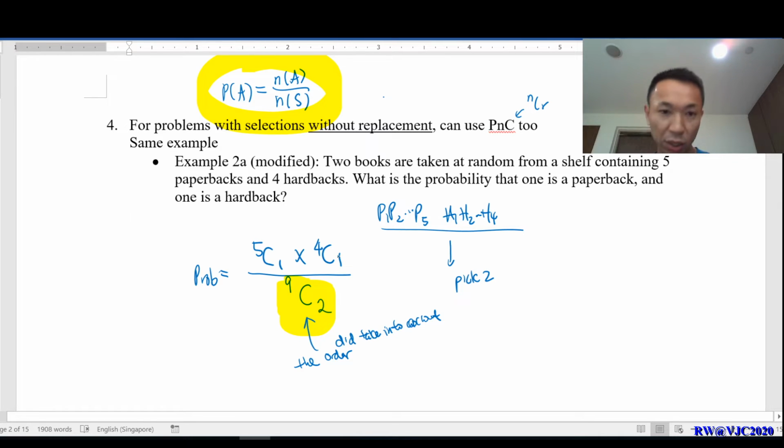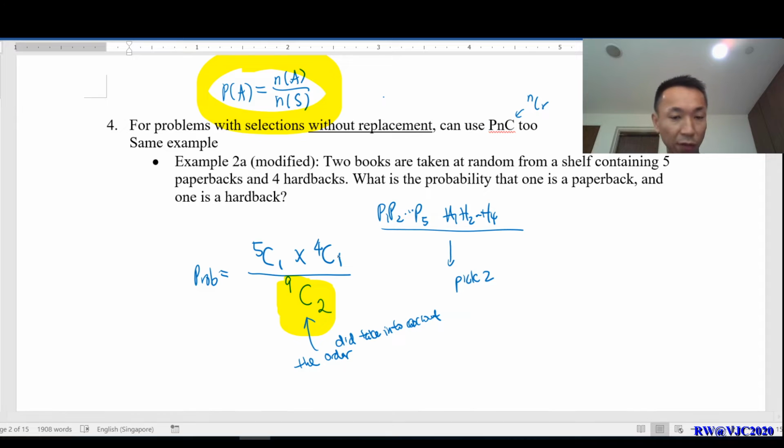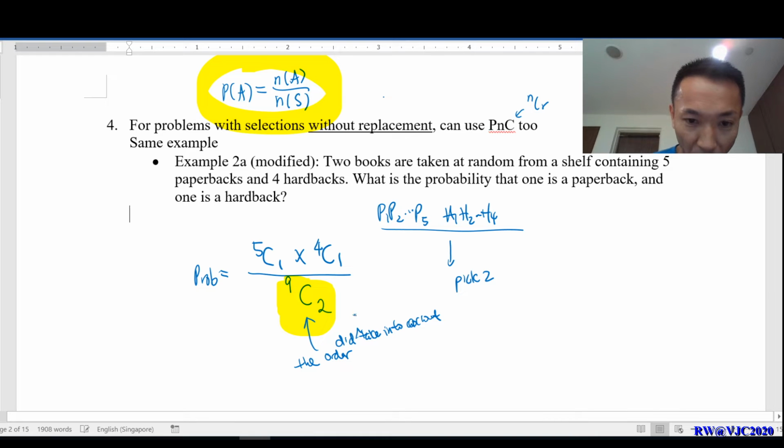I want to contrast these 2 problems. You may want to pause the video a while and think. The method here, there is no times 2. I repeat one more time. This one, I don't times 2 because in your denominator here, I already did not take into account the order.